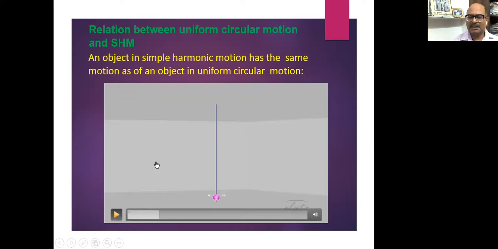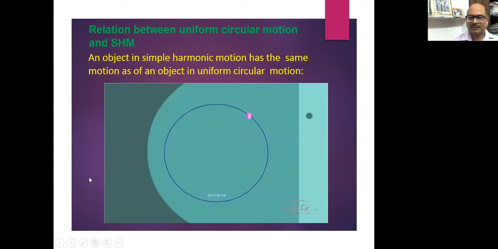I hope you understand that uniform circular motion can be considered as simple harmonic motion when we see it from the side, and it takes the same oscillations as in SHM about the mean position. Here you are seeing that this object is taking circular motion, but its projection on the wall, the shadow, is taking the same oscillations as simple harmonic motion around the mean position.